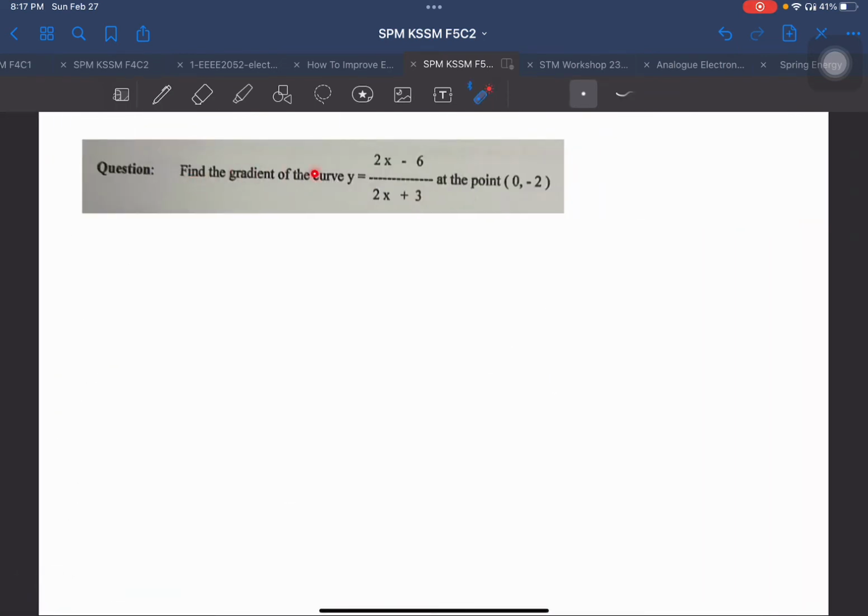Find the gradient of the curve y equals this expression at the point (0, negative 2). For this, you have to use the quotient rule in order to find dy/dx. By the quotient rule, dy/dx equals (v du minus u dv) divided by v squared. So just plug it in.